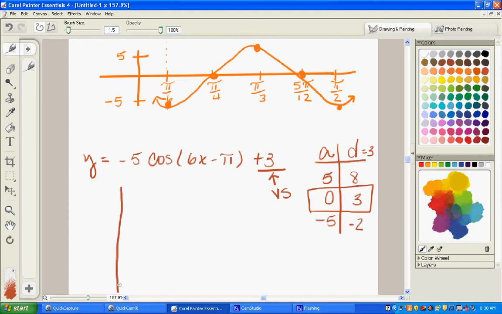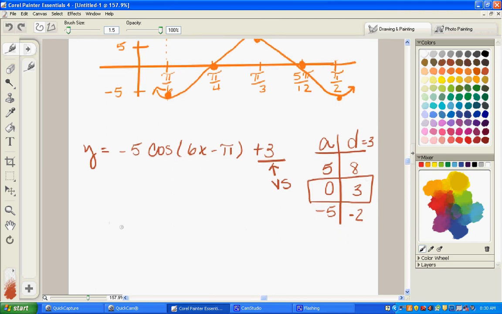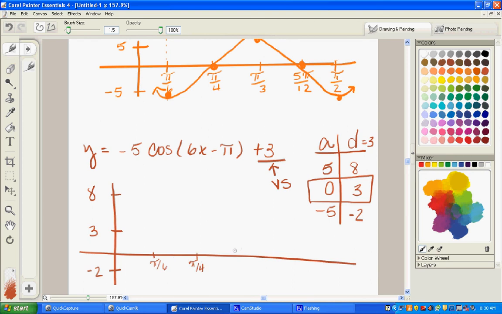So our y-axis, when we're graphing this thing, is going to look like this. We've got -2, 3, and 8. We've got the same key points along here: pi over 6, pi over 4, pi over 3, 5 pi over 12, and pi over 2.